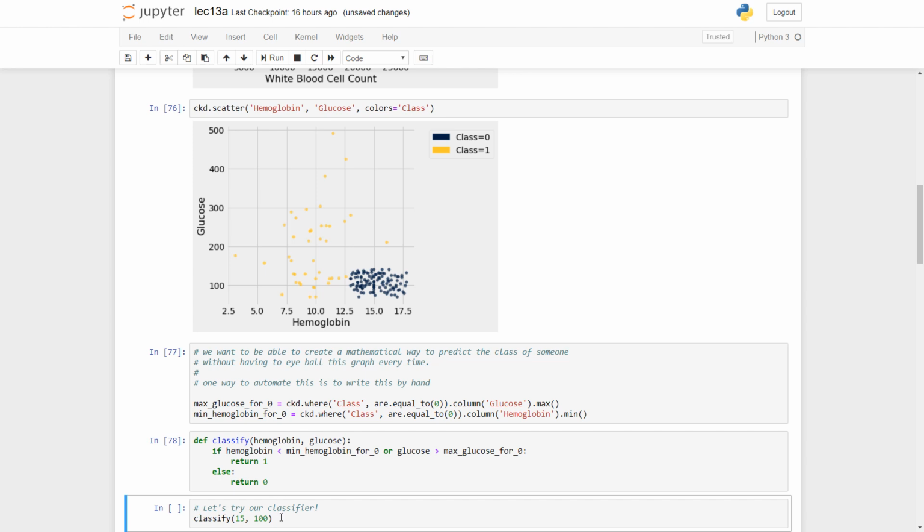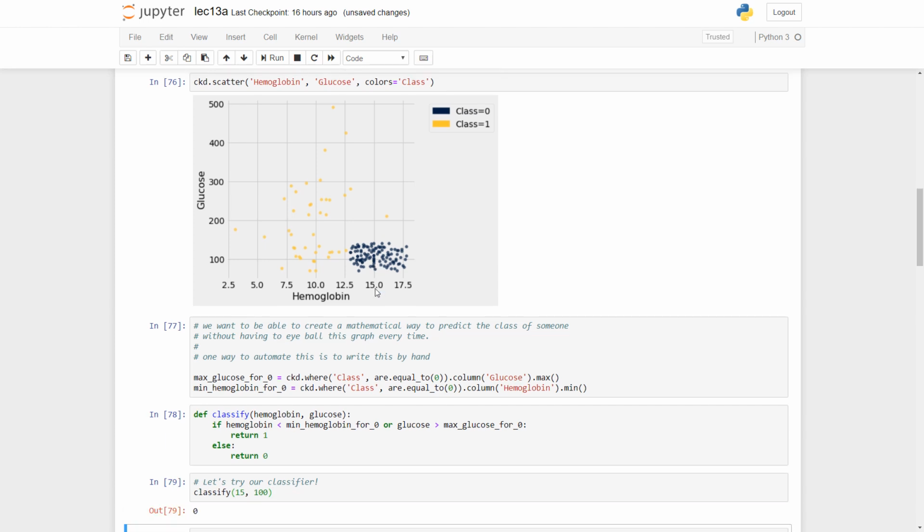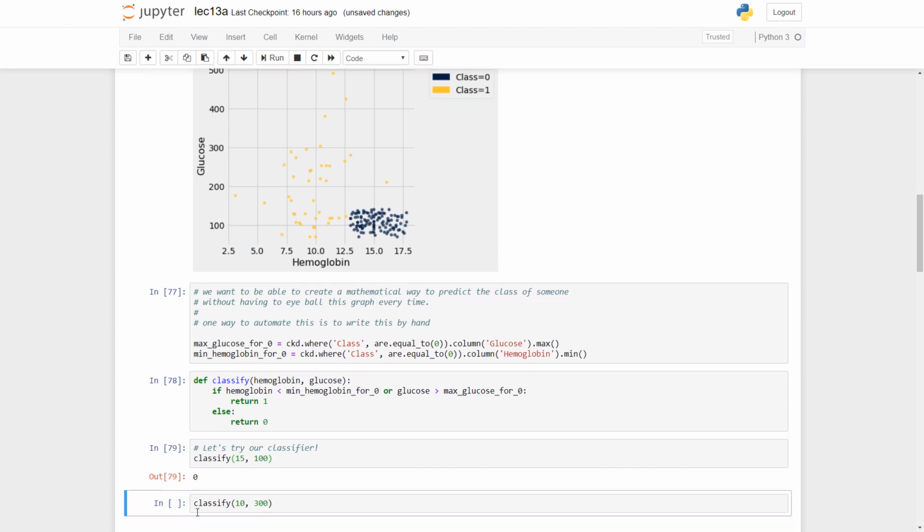Now let's try our classifier. Let's classify 15 and 100. So 15 is somewhere here and 100 is here. So this patient should be predicted to be of class 0. Okay, so that means that he will not be diagnosed with the disease. So that's what we get here.